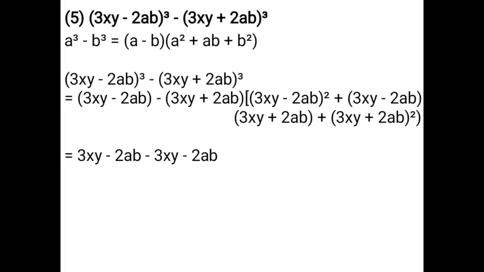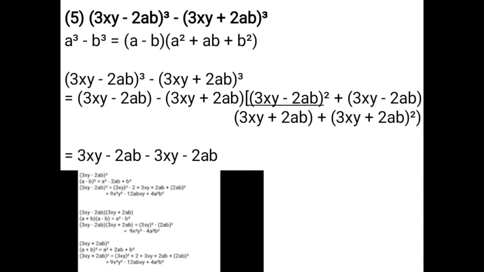In the second bracket, (3xy minus 2ab) the whole square, you have to use the formula of (a minus b) the whole square. I already used the formula here. The formula of (a minus b) the whole square is a square minus 2ab plus b square.